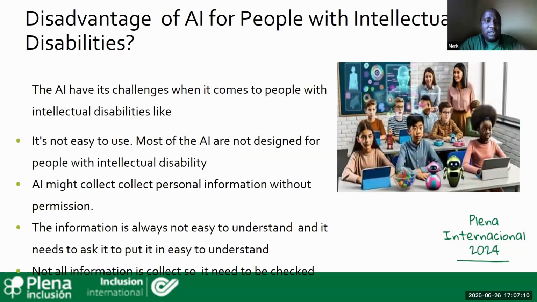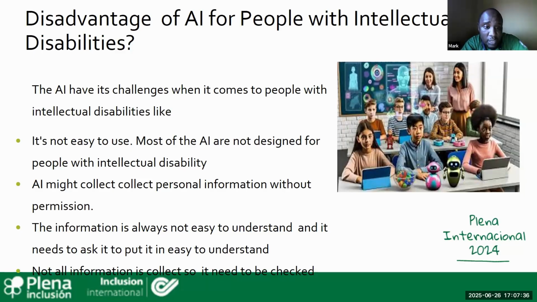Now, what are the disadvantages of AI for people with intellectual disabilities? AI has its challenges when it comes to people with intellectual disabilities, such as it is not easy to use. Most AI is not designed for people with intellectual disability.